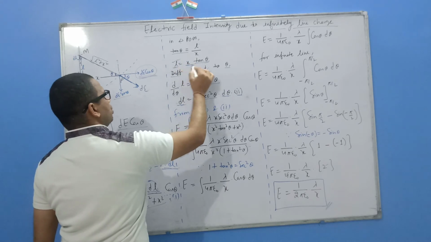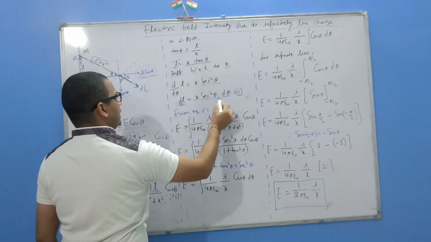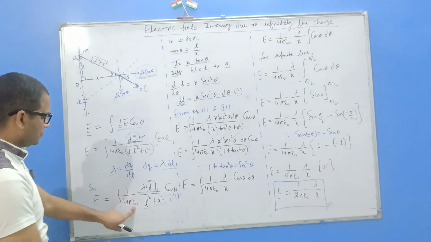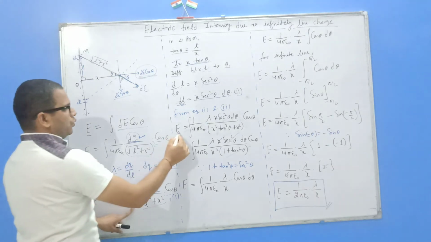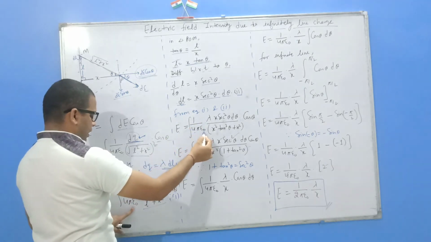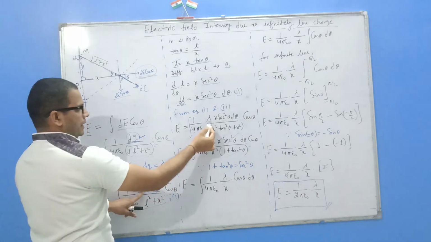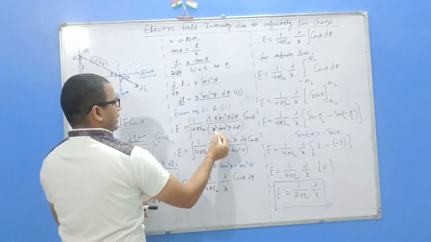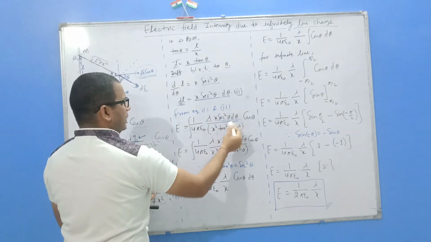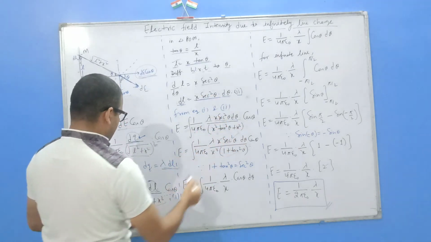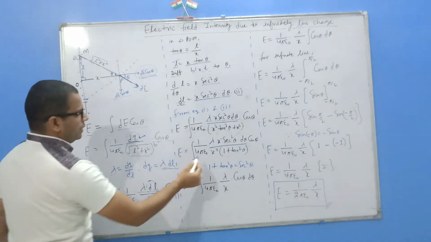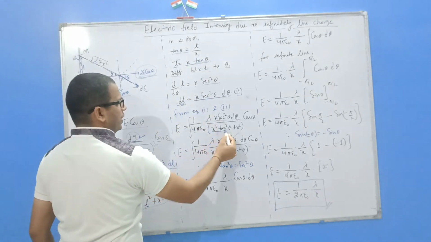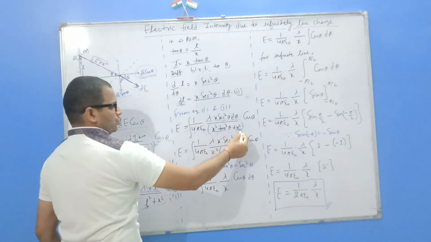So E is equal to 1 upon 4 pi epsilon naught lambda, x sec square theta d theta, upon L square, which is x square tan square theta plus x square.